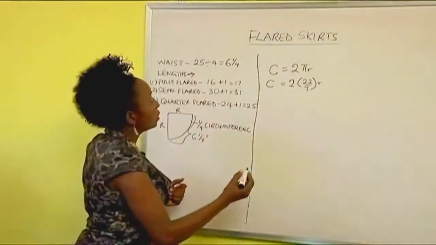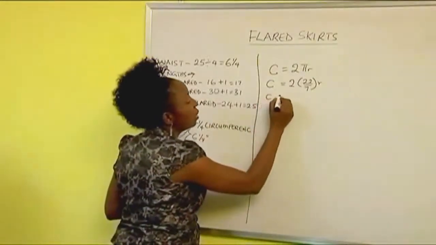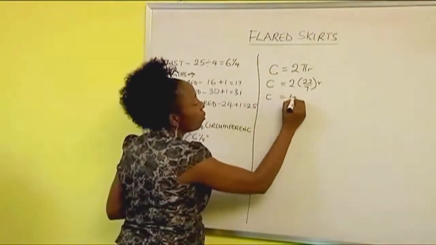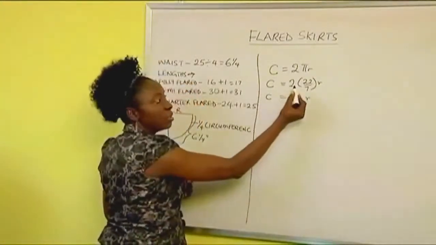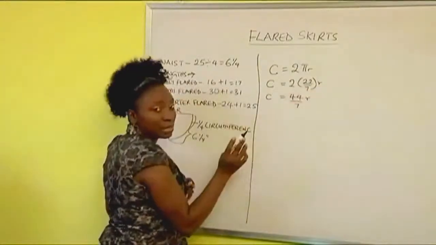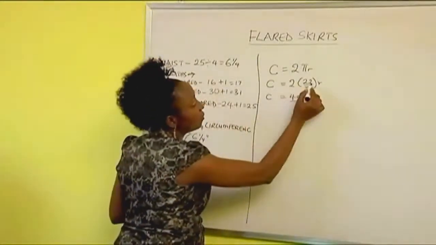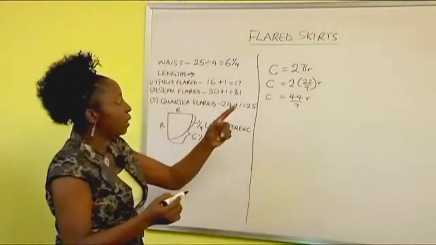I'm going to open that up a little, so I'll give you C equals 44/7r, because I just multiplied 2 times 22. That's all I have to do, and I get my 44/7, and that will multiply by r.